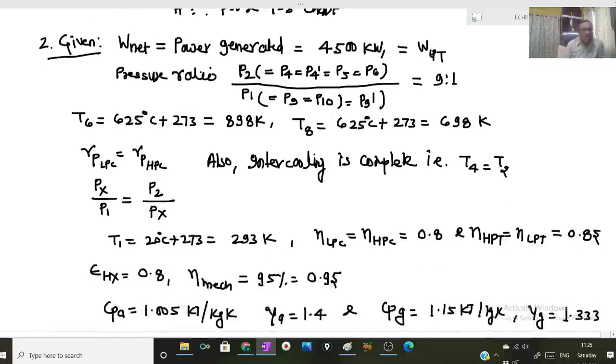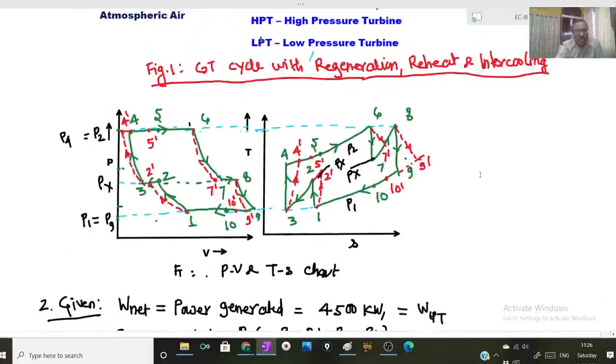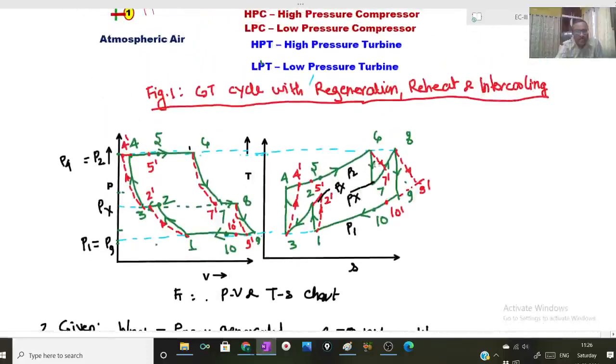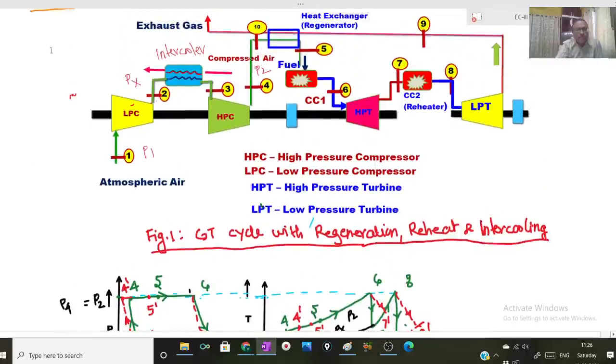You have been also given in the problem, pressure ratio in the compressors are same. That is Px by P1 is equal to P2 by Px. Also it is given, intercooling is complete. What does it mean? Once again, from 2 to 3, intercooling is done, and ideally, if intercooling is complete, T3 should be equal to T1.